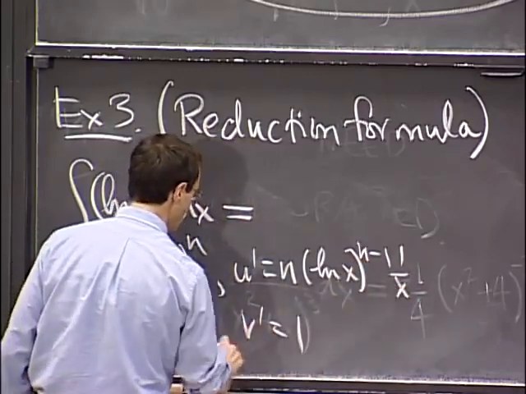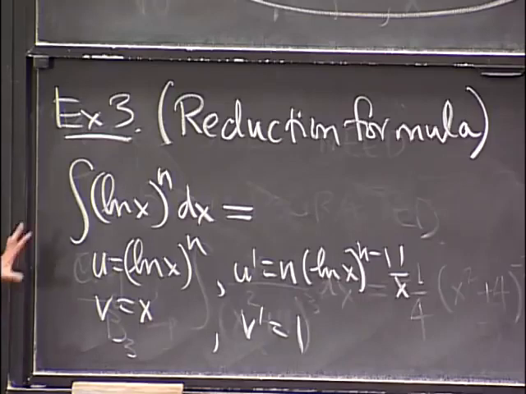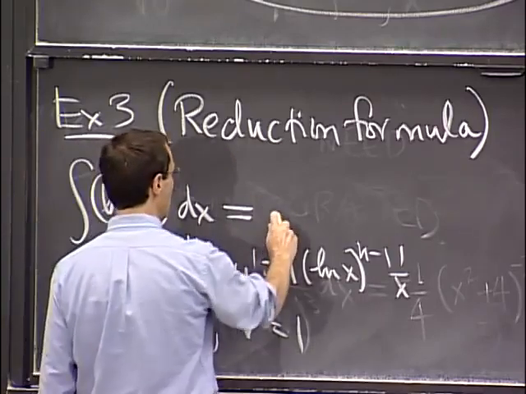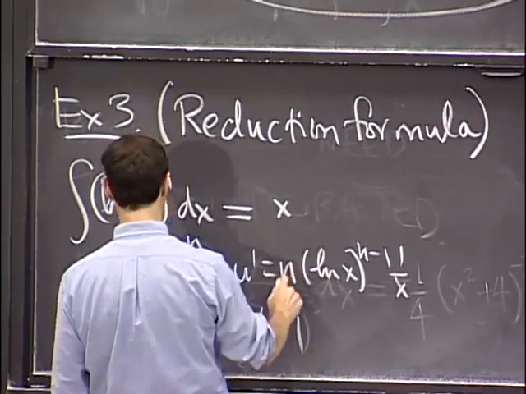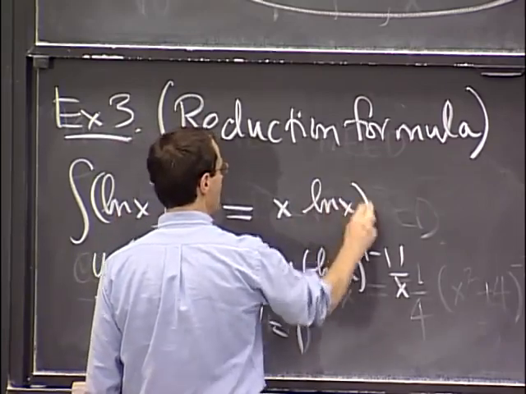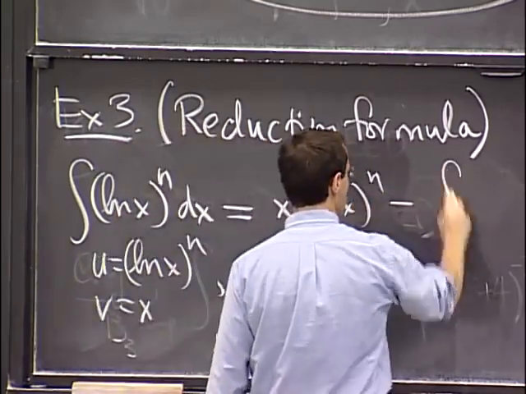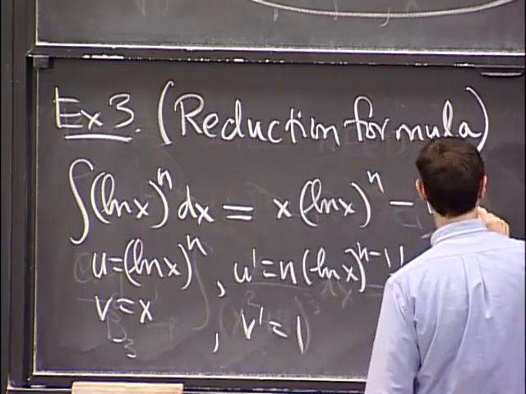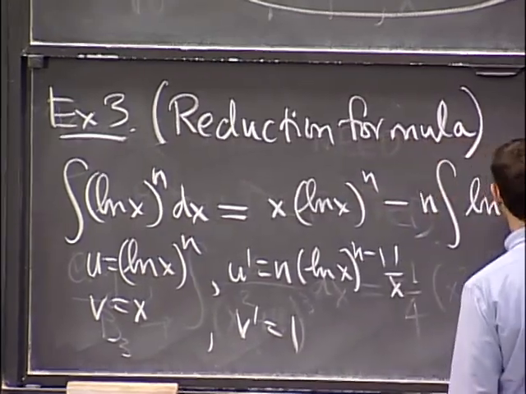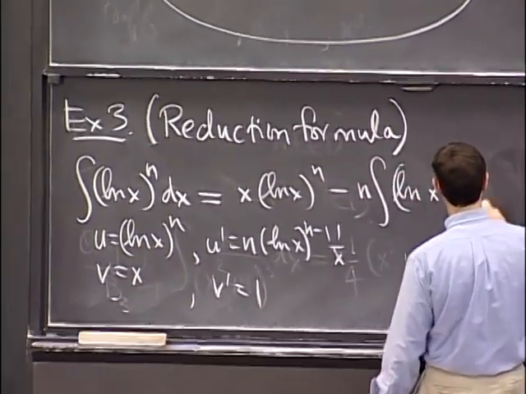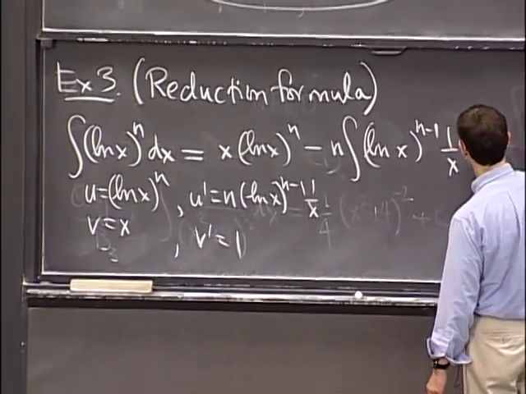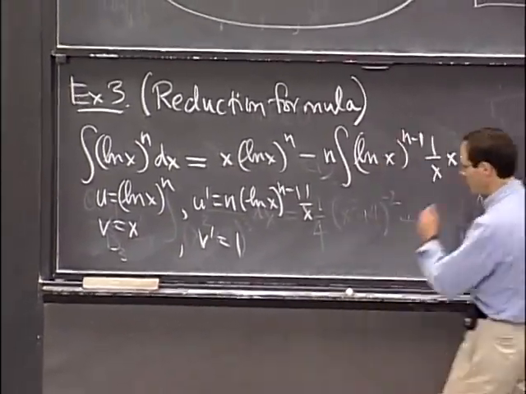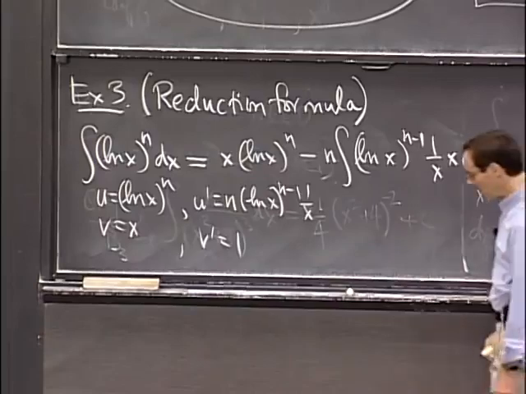And v prime is 1. And so the setup is similar. We have here x times (log x) to the nth power minus the integral, and there's n times, it turns out to be (log x) to the n minus 1. And then there's a 1 over x and an x which cancel. All right?